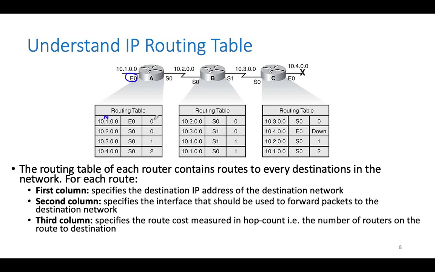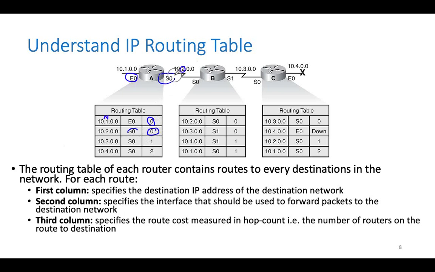That's why we have 0 hops or 0 number of routers. What about 10.2? As you can see over here, 10.2 is linked to me as well, so the number of hops is 0. Which interface can I take to go to 10.2? That's S0, as you can see here, which is this one.